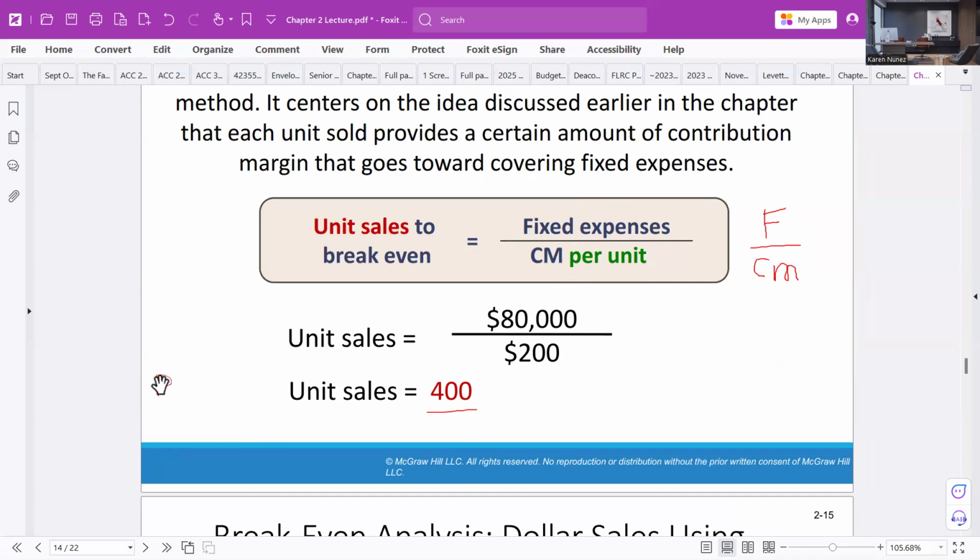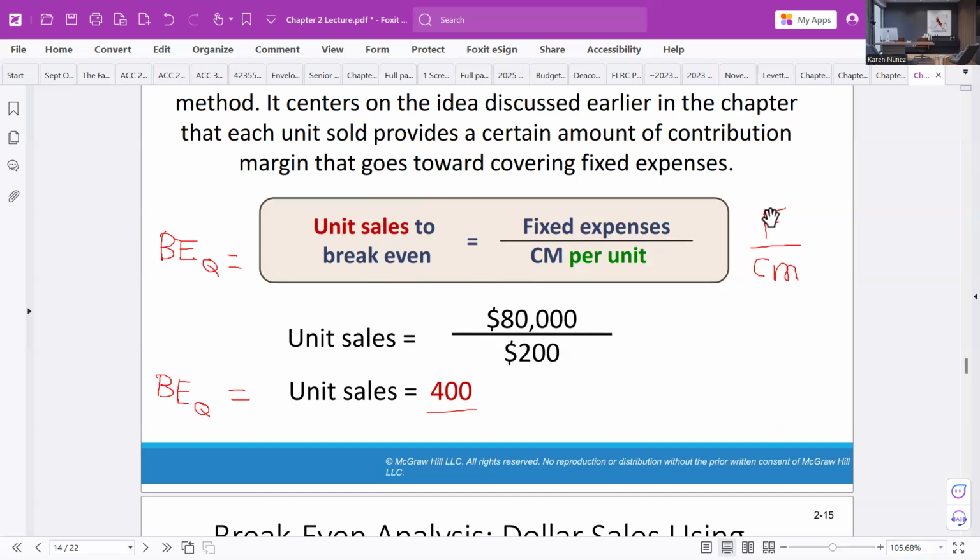And I like to refer to this as that break even Q, the number of units that we need to break even. 400 units. Break even Q is the 400 units. The number of units that we need to break even is based on this basic formula that we'll be using to solve the assigned problems.